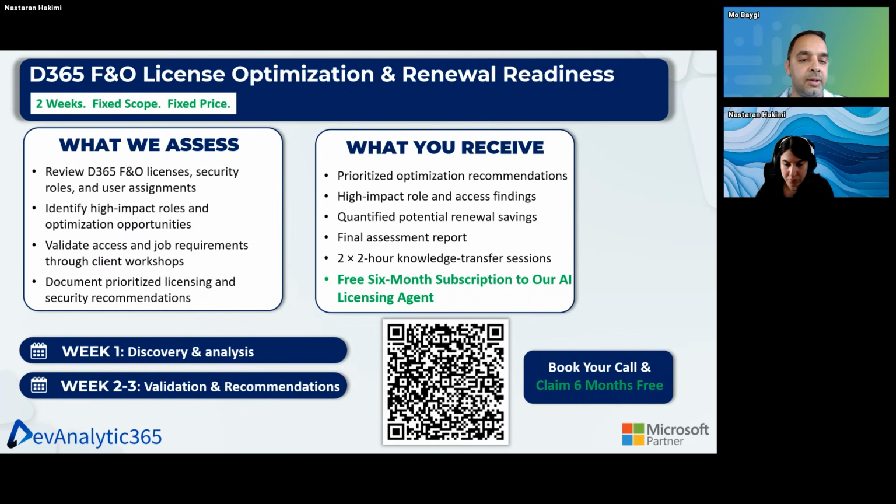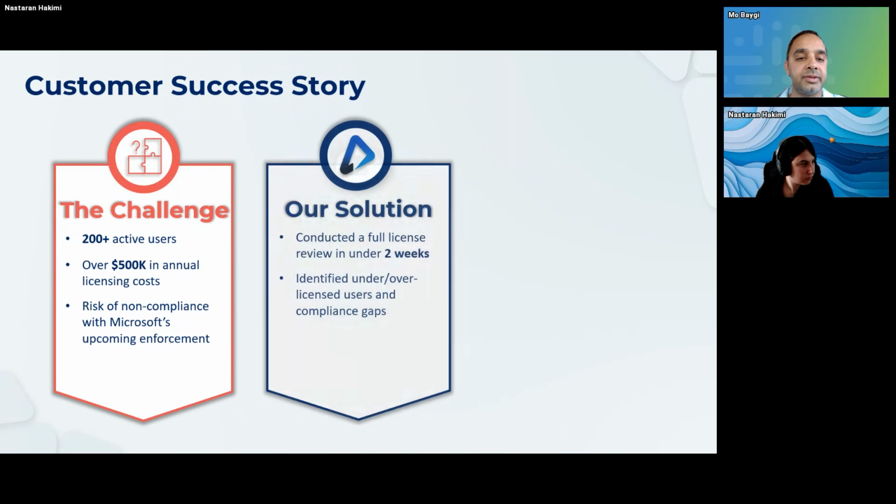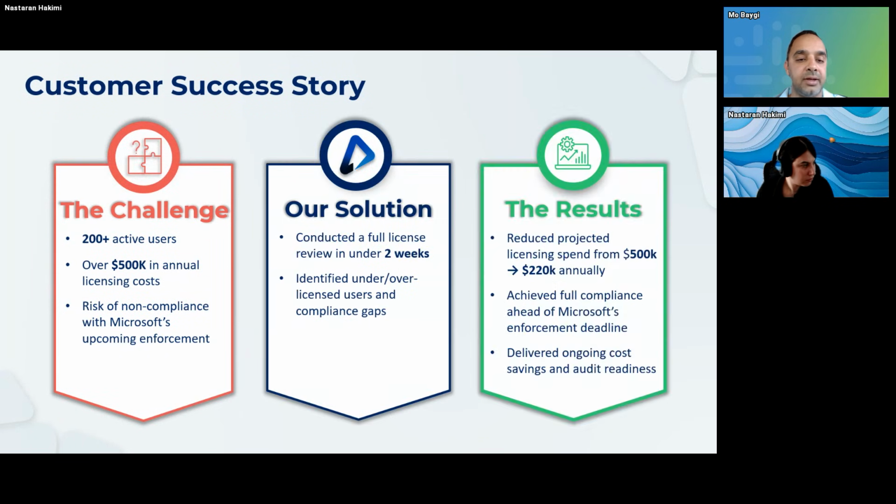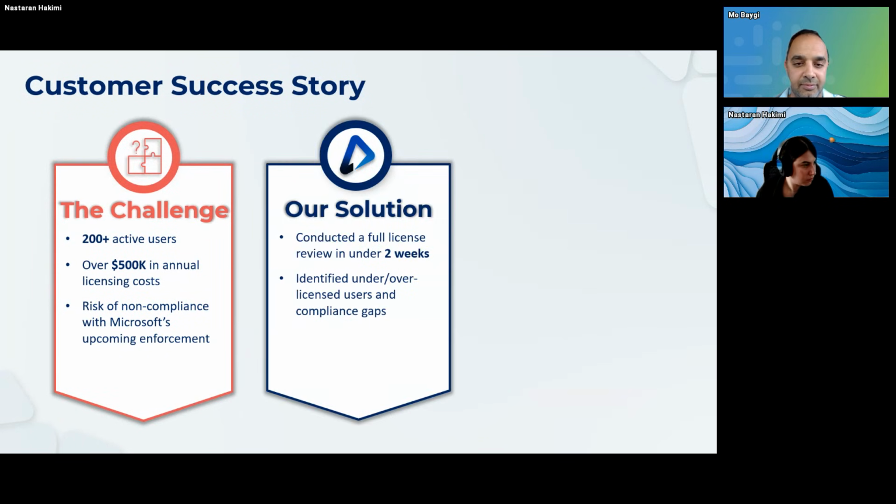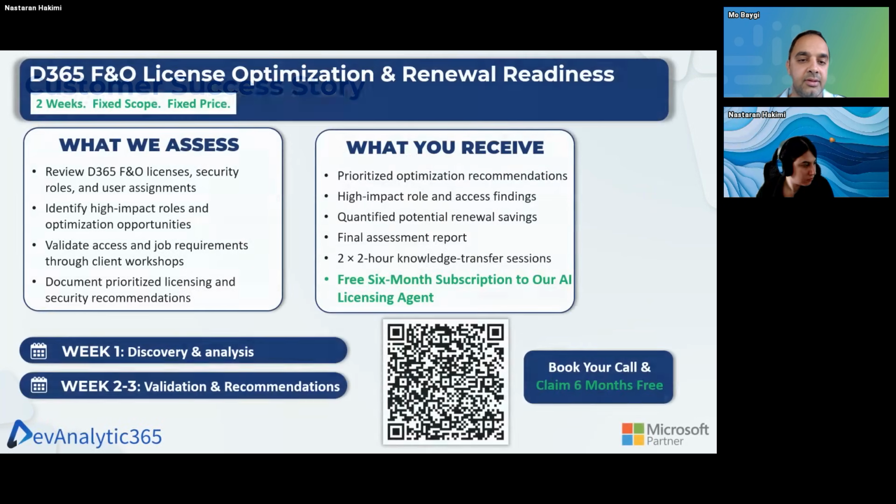is also under control. What you will receive is a prioritized set of, sorry Nasser, if you could go back. What you will receive is a prioritized optimization recommendation. You will see all your high impact roles that have a significant effect on your licensing costs. You will get a quantified potential renewal saving.